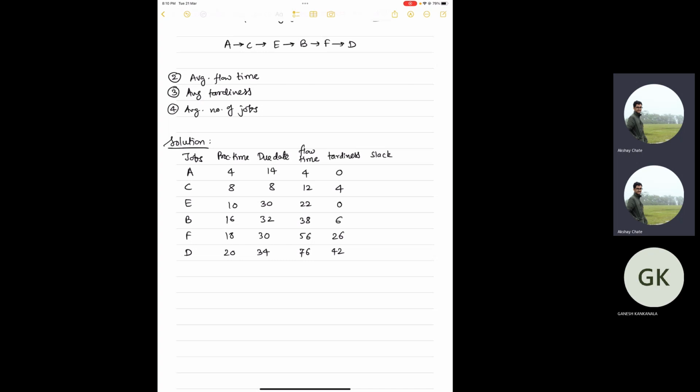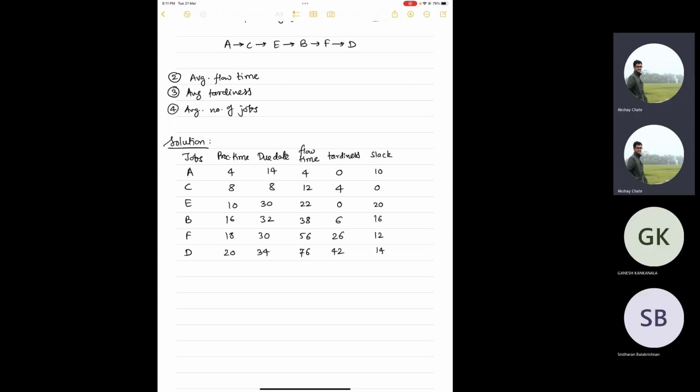So due date is 14, processing time is 4, so your slack will be 10. Here, 8 and 8, so there is no slack. Once you start this product, you have to finish it in 8 days. You don't have extra luxury. Here, you have 20 days of luxury. Here, 16 days of slack. Here, 12. Here, 14 days. So I hope now you can understand how to calculate tardiness, slack, flow time, etc.